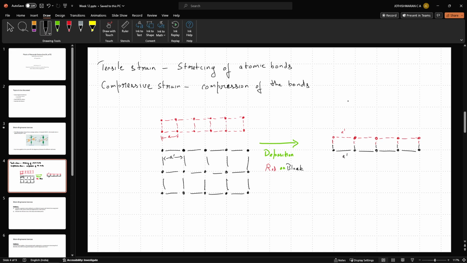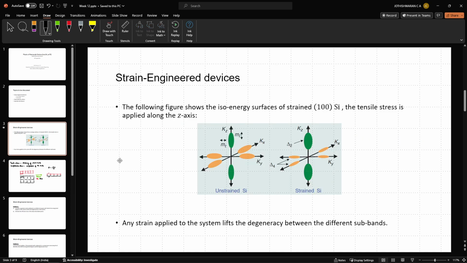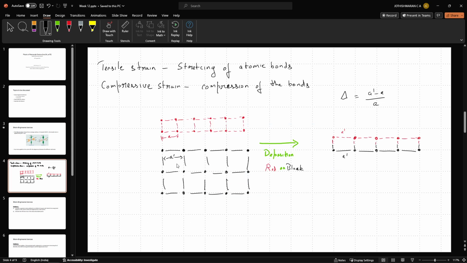And the strain delta will be given by A prime minus A divided by A. So this is the strain. And in our example that has been shown here, we are assuming that the tensile strain is applied along the z-axis. Okay, so this is the overall picture.